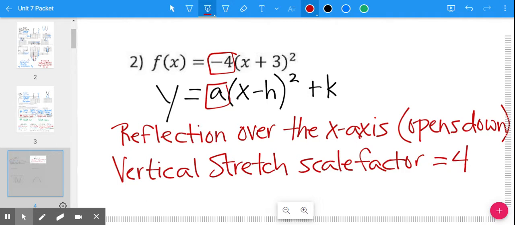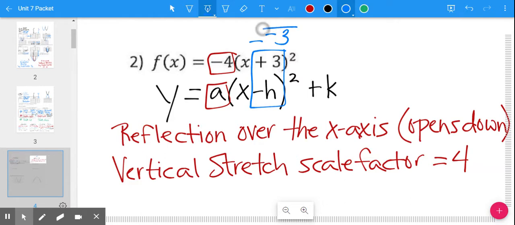Remember, the negative or positive tells us whether it opens up or reflects over the x-axis, and the number itself, so in this case the 4, tells us if it's a vertical or horizontal stretch. So the next thing we look at is the h value. So we have a positive 3 in there, so we have to subtract a negative 3 in order for it to become a plus 3.